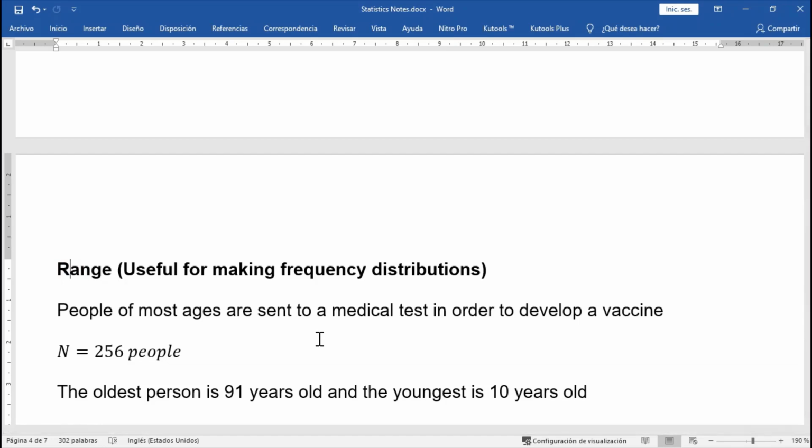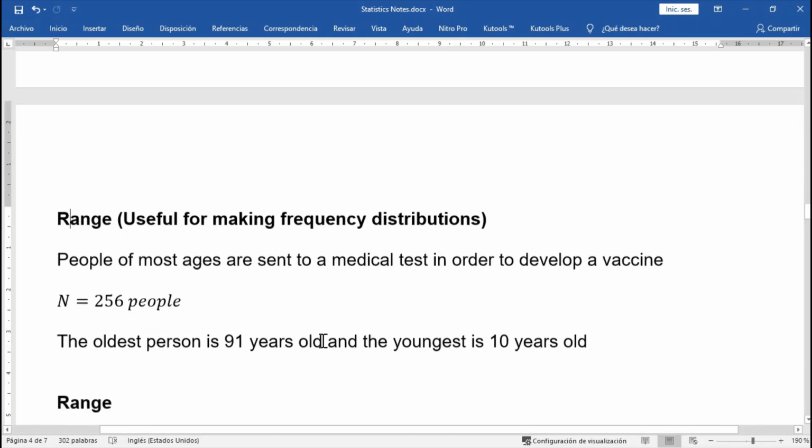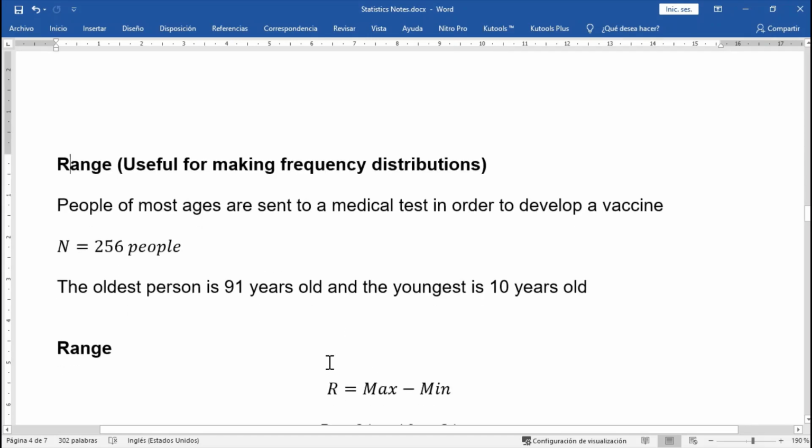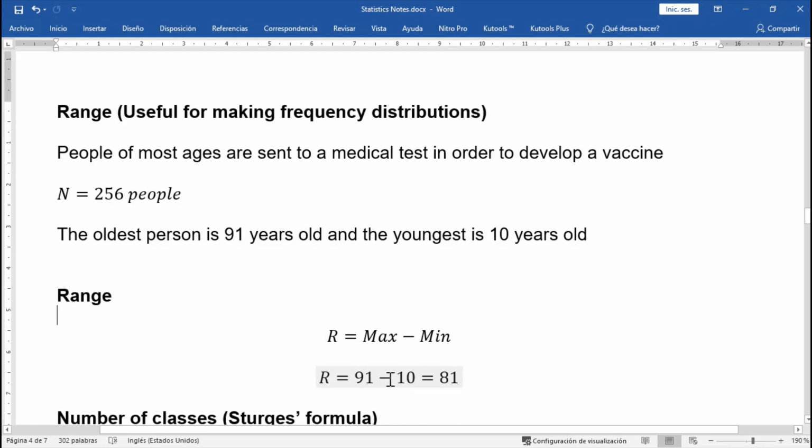So we are going to calculate the range. It's simple: range is the maximum number minus the minimum. So we have 91 minus 10 equals 81.